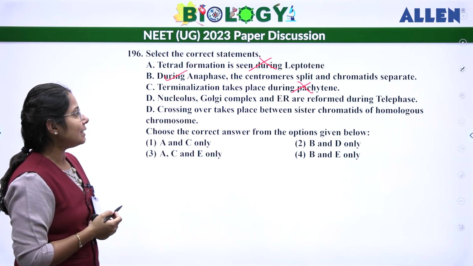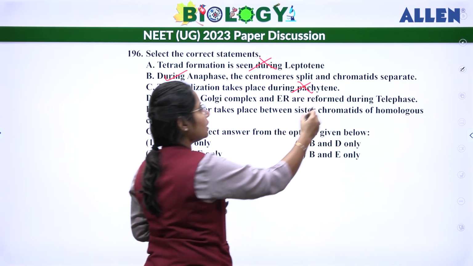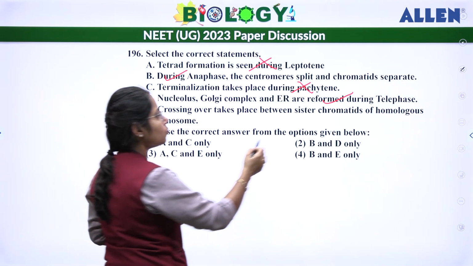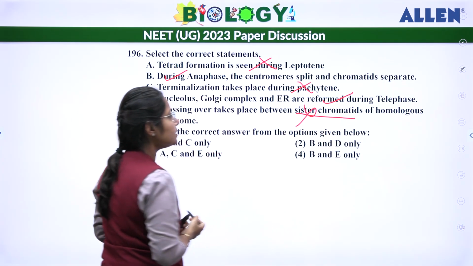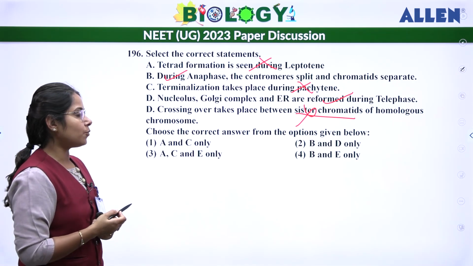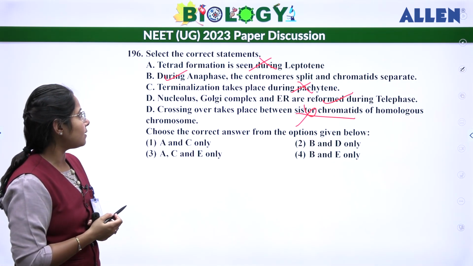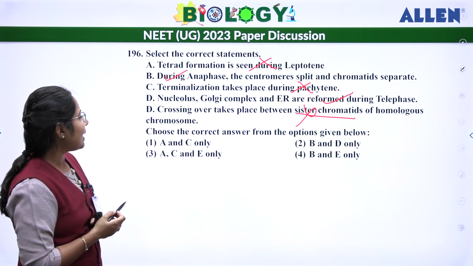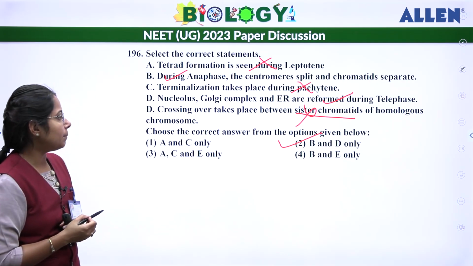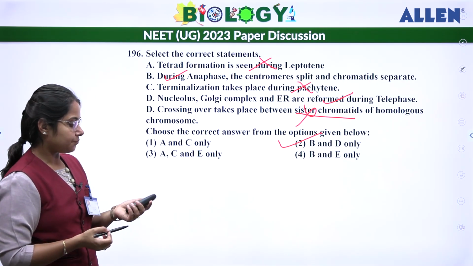Nucleolus, Golgi and ER are reformed during the telophase, which is true. Crossing over takes place between the sister chromatids, that is wrong. It takes place between non-sister chromatids of homologous chromosomes. So choose the correct answer from the options given below. Which statements are correct? Only B and D are correct.